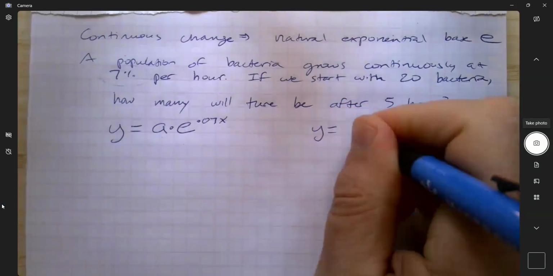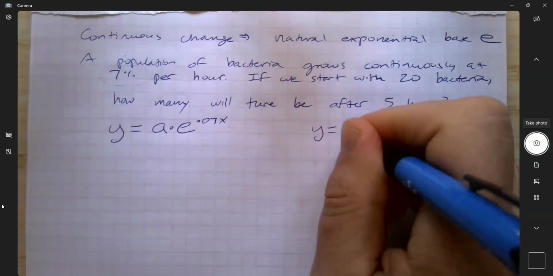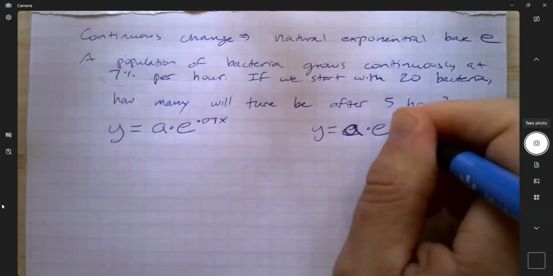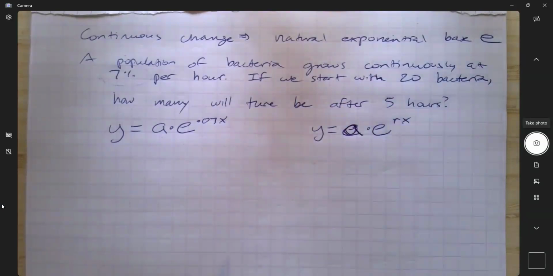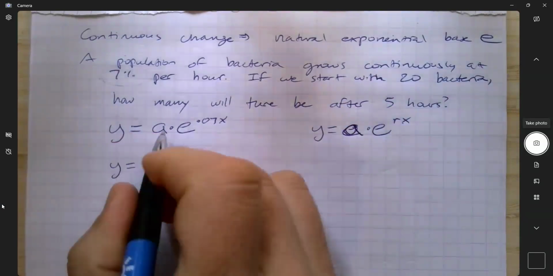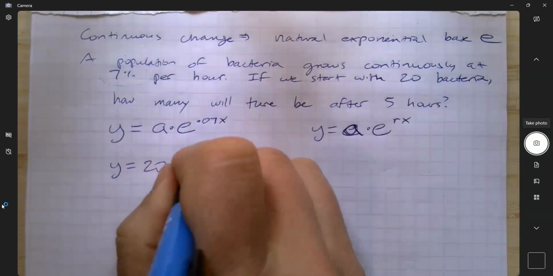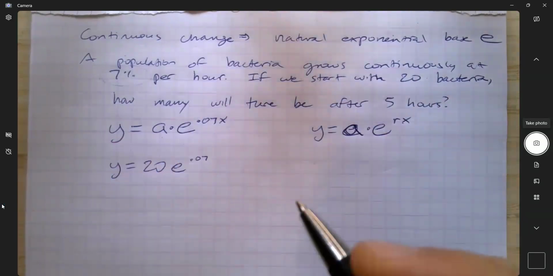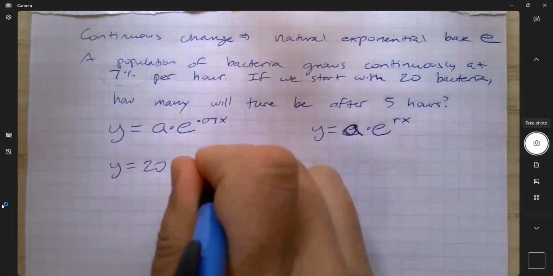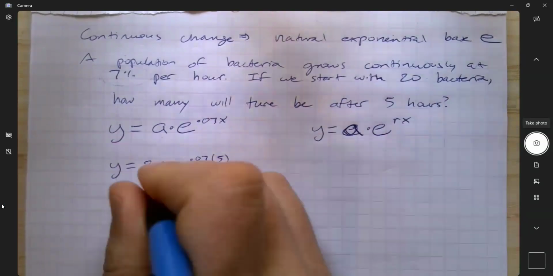So the general form is y equals A times e to the Rx. A was my initial, so A is 20. The growth rate is 0.07, and there are 5 hours.